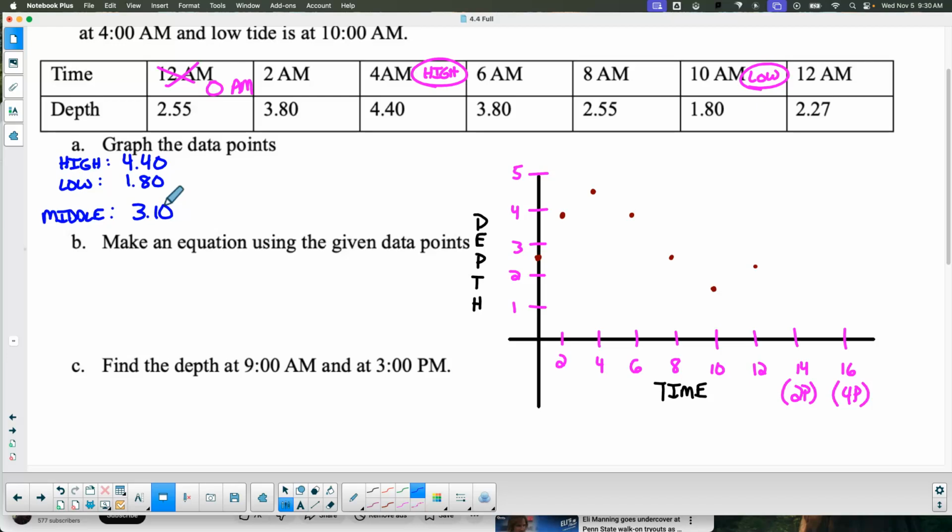What do I need for cosine then? Where does cosine start? At high. Do I have the high value? Yes. Or cosine could start at the low value, right? Do I have the low value? Yeah. So it makes sense for us to make a cosine curve out of this one.